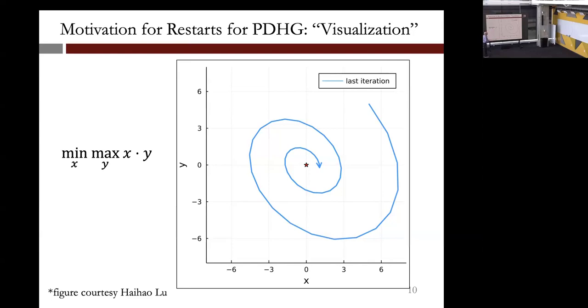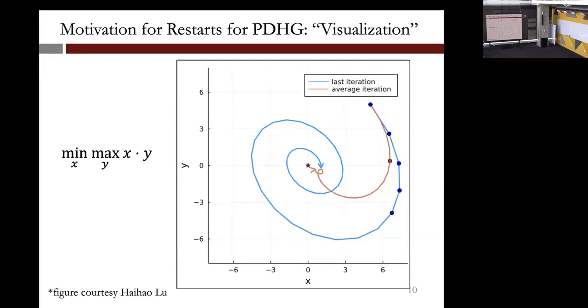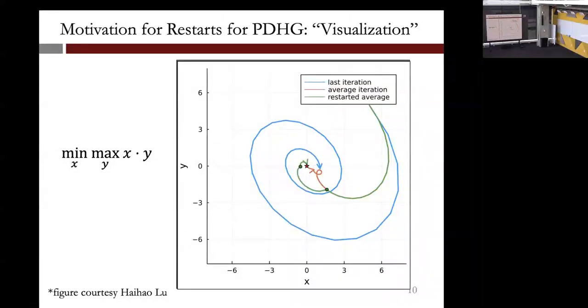All right. But let me plot the average of the iterations. So the average of the iterations, as you can see here, is going much faster towards the optimum. And so if I instead go for a while and then restart here, then I go even faster.